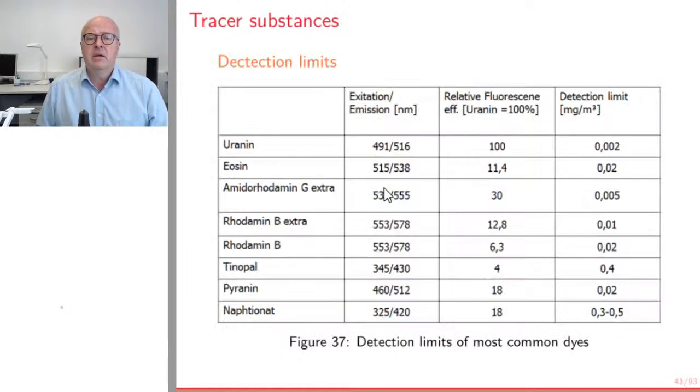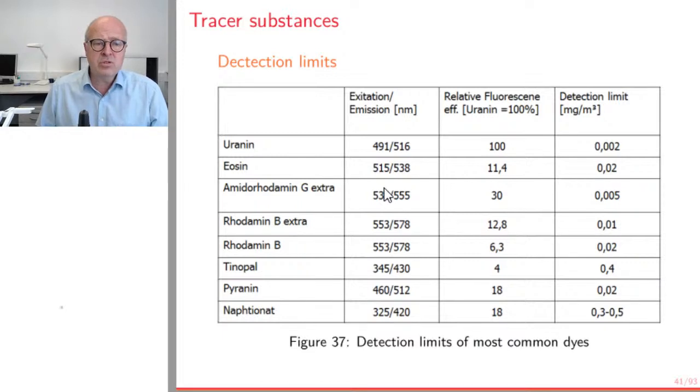Okay. Now, the first property that we have discussed is the wavelength of excitation and emission. The second very important property of a tracer is the detection limit. So what is the detection limit of different tracers?